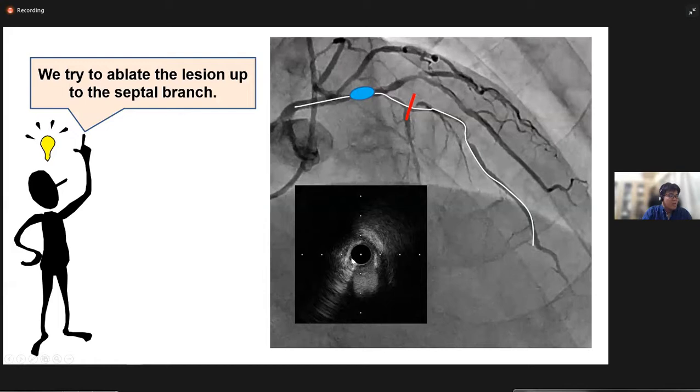And also, according to the IVUS finding, the IVUS catheter attached to the healthy site at a septal branch. So we stop the burr up to the septal branch, like this. So this is the initial planning based on the IVUS finding.